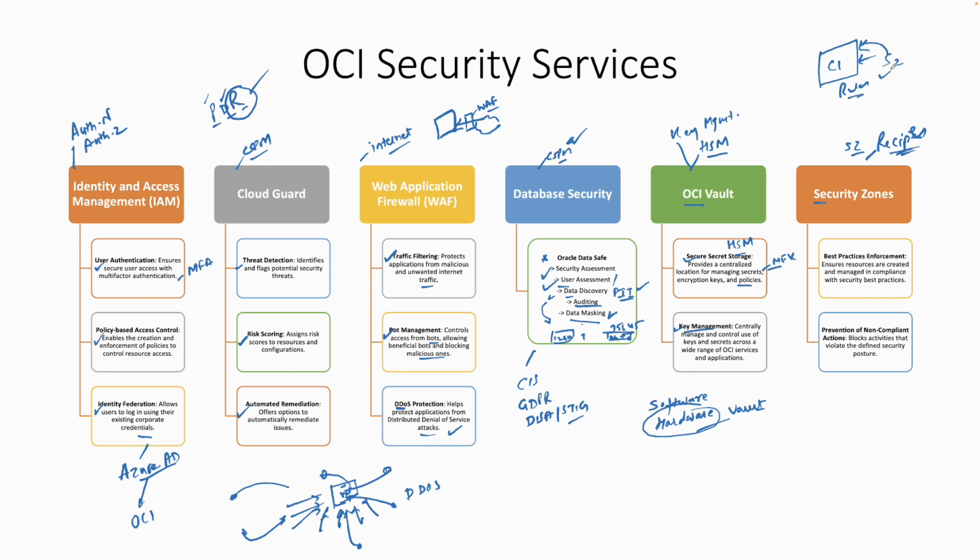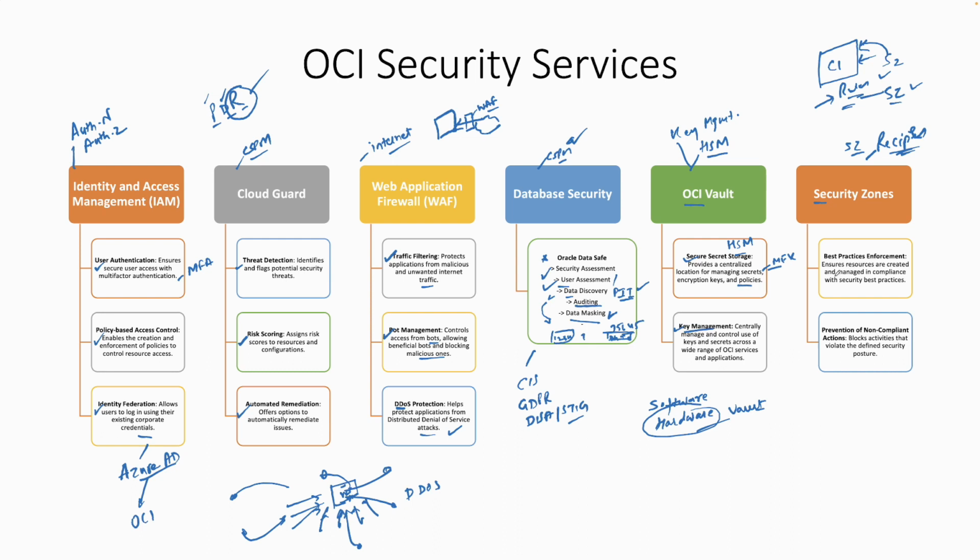Even as an admin, if you have access on that compartment, or you are a cloud admin, you are still not allowed to do that, because it checks the rules that have been set as part of the security zone. One perfect example is if you don't want your admins to create public buckets inside a specific compartment, you can put that kind of rule, or a security zone policy or recipe, there.